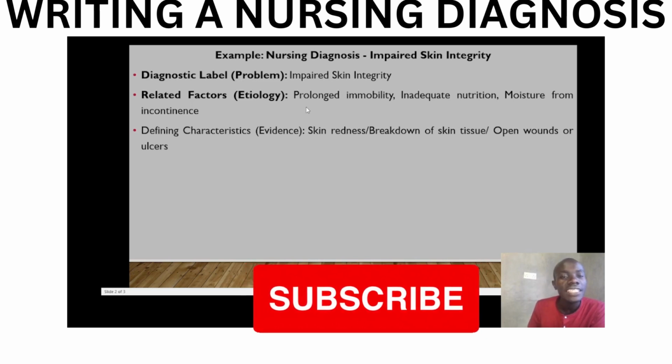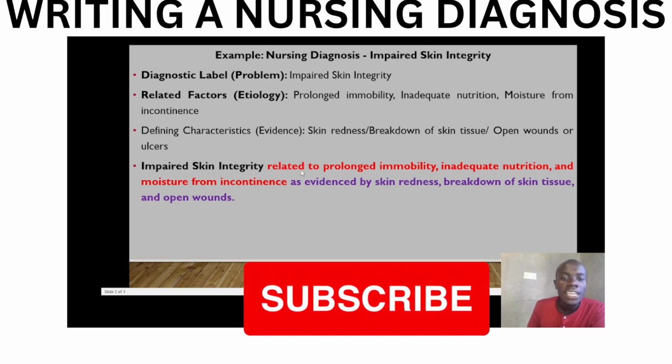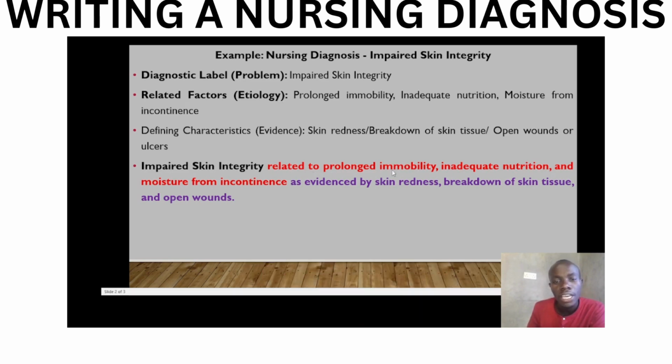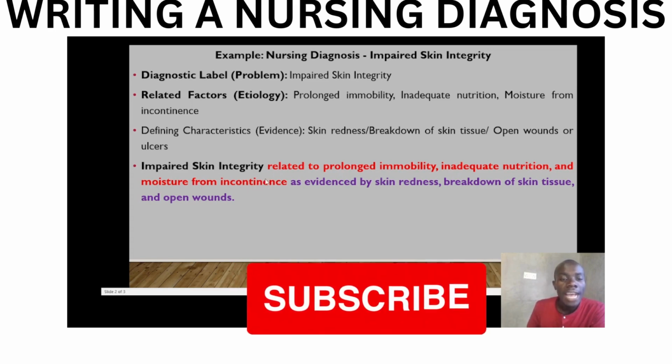So we can write this nursing diagnosis as: impaired skin integrity, this was the problem, related to prolonged immobility, this was the etiology, or related to inadequate nutrition, or related to moisture from incontinence, guys, as evidenced by skin redness, breakdown, or open wounds.